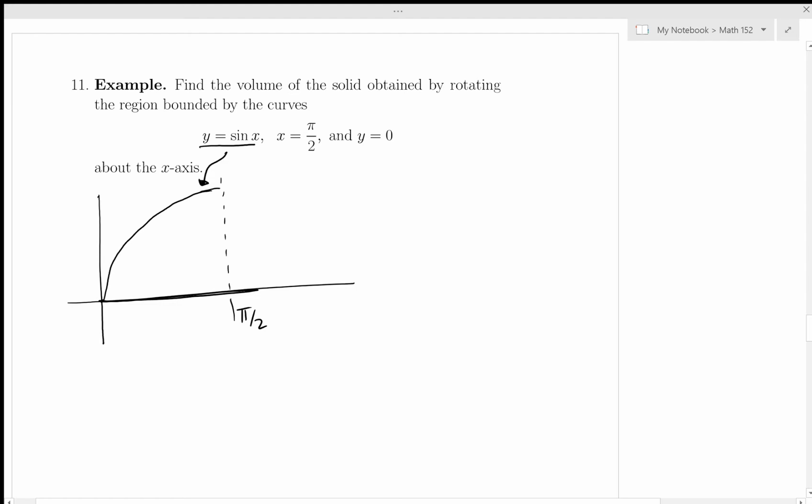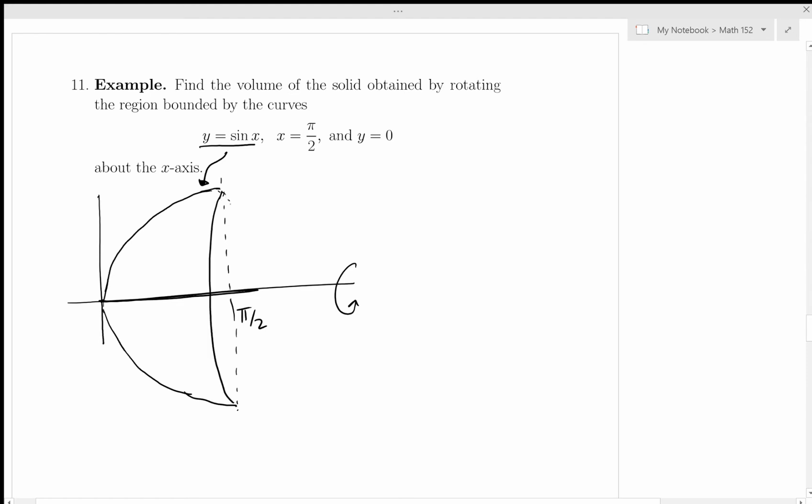Okay, now we're going to take that and rotate it about the x-axis. So I'm going to draw, as best I can, a mirror image of the upper line there, and just extend that down. And then to give it the proper 3D look, I'm going to add these lines like this for visualization.